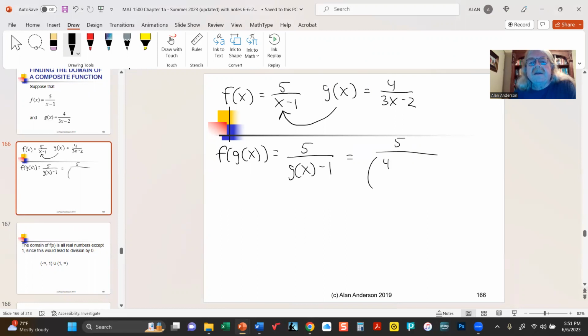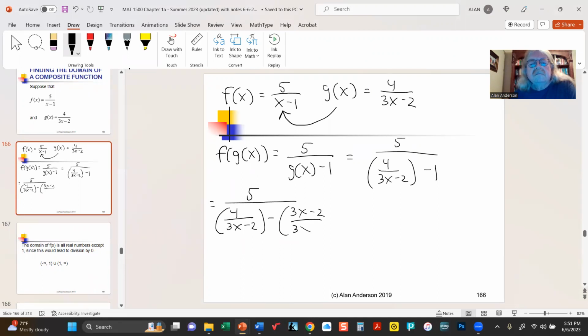This one is a bit of a mess. So what I'm going to do is create a common denominator so that I can consolidate these two terms in the denominator.